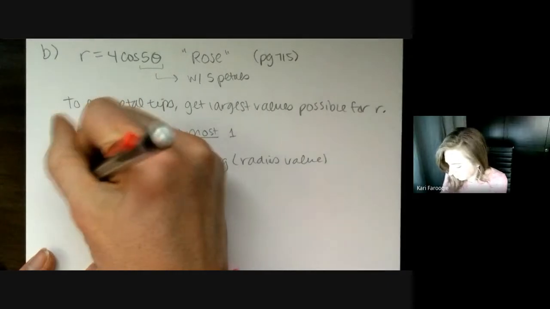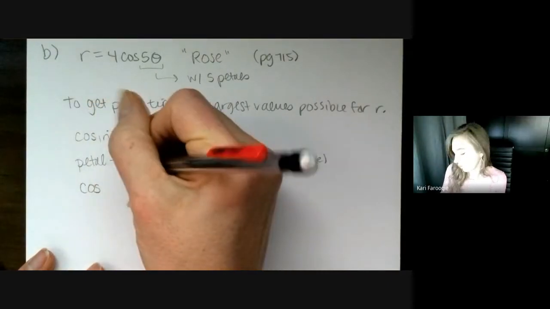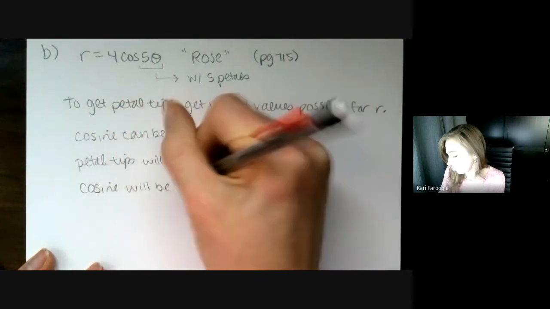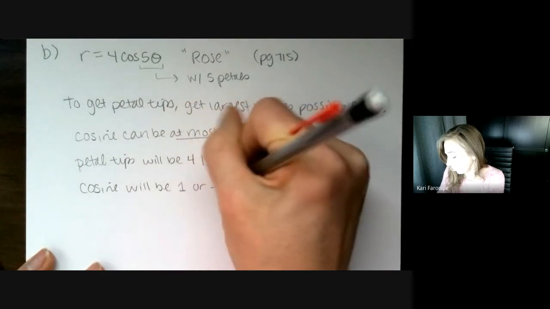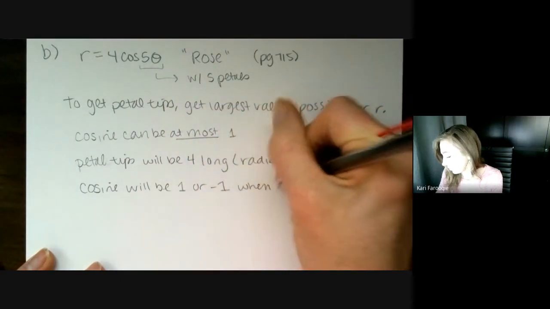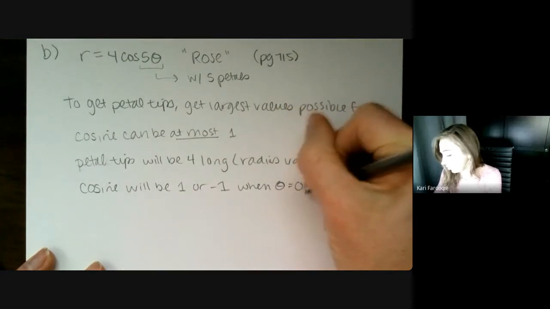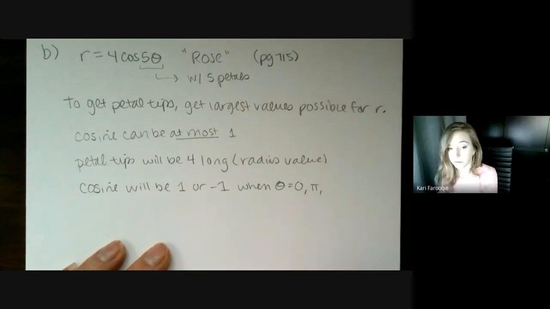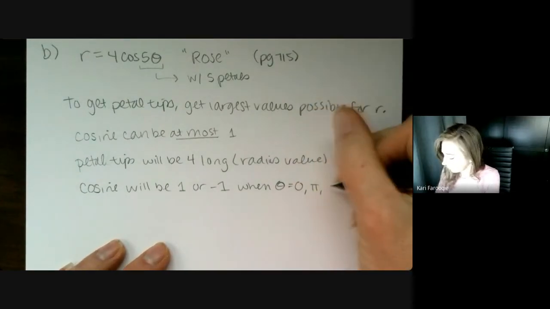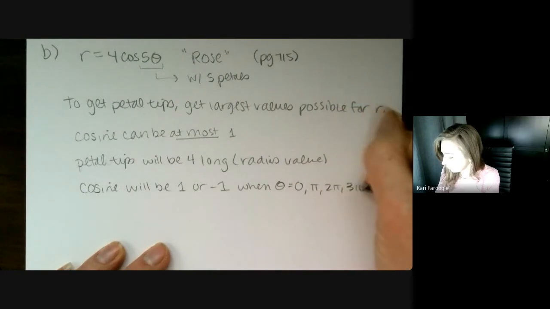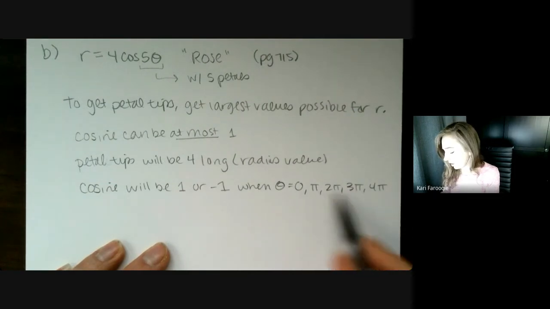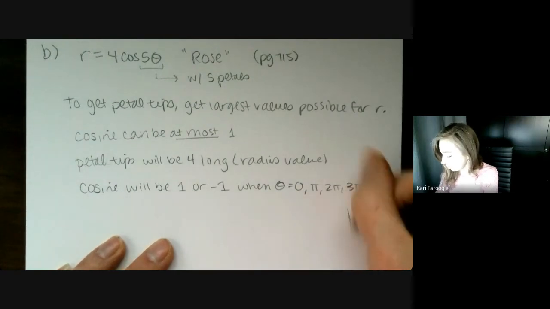So cosine will be 1 or negative 1 when theta is equal to 0, pi, 2 pi, 3 pi, 4 pi, so on and so forth. Any sort of integer multiple of pi is going to give you a cosine value of 1 or negative 1.